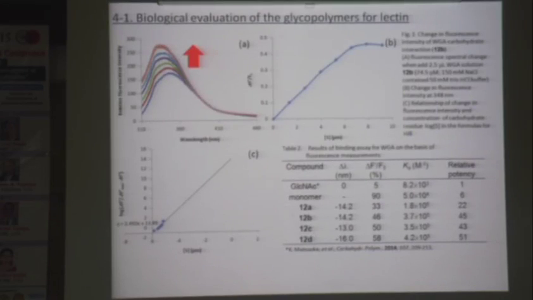We selected WGA as a model protein, which is a well-known lectin and binds to GlcNAc residues. Thus, biological evaluation of glycopolymers 12A to 12D against WGA was preliminarily examined on the basis of fluorescence measurements.